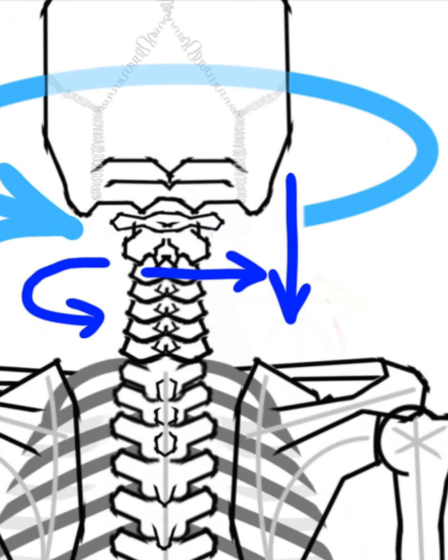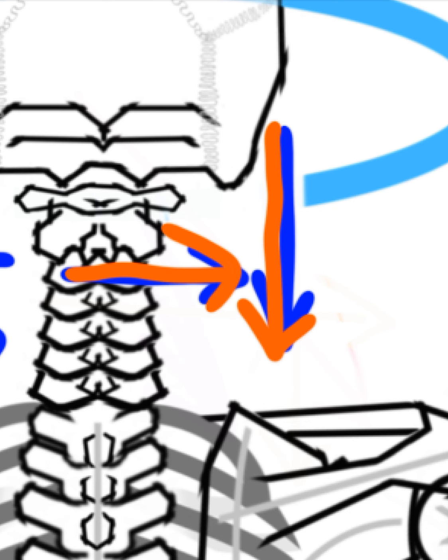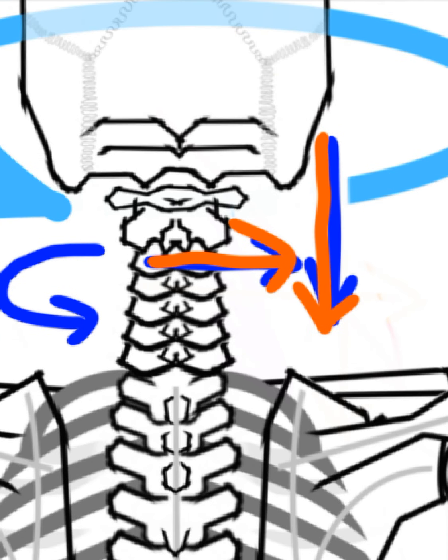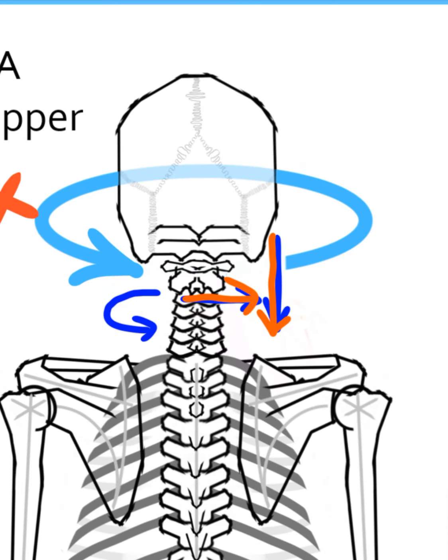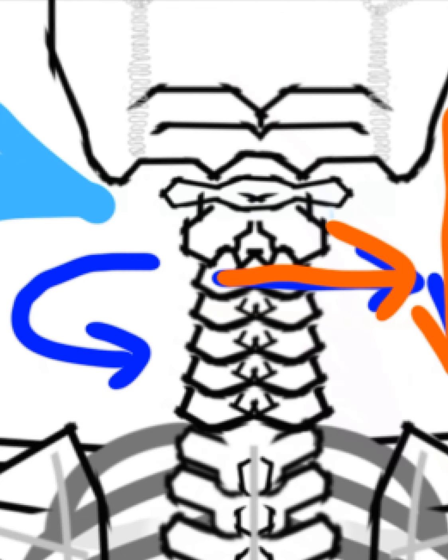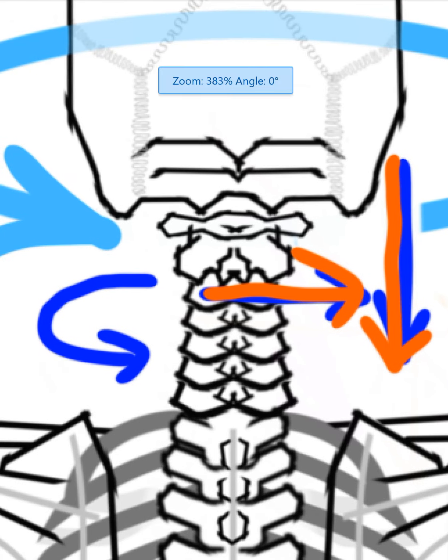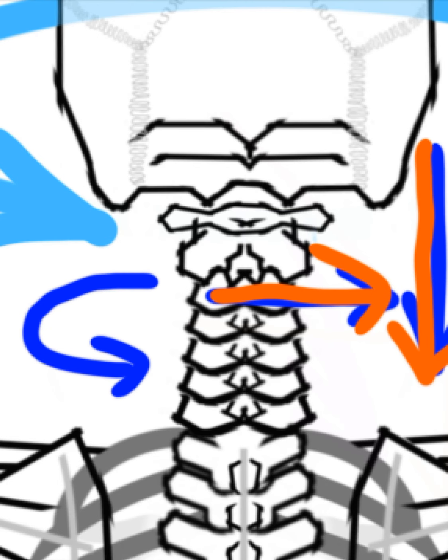However, it's also being pulled down and a little bit sideways. And this is what helps to initiate that translation effect. So the vertebrae, in this case in the cervical spine, the neck, will not just be side bending like we see in other places.